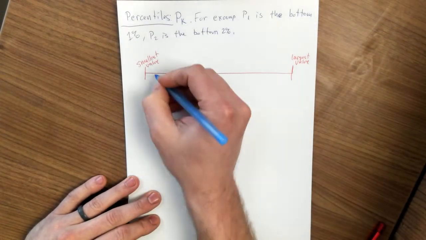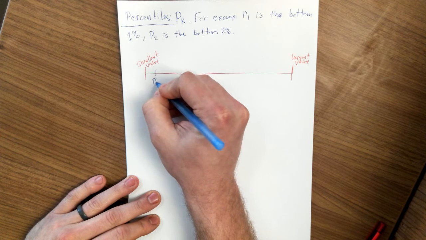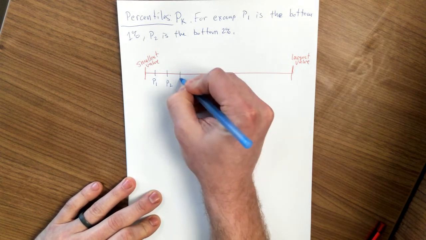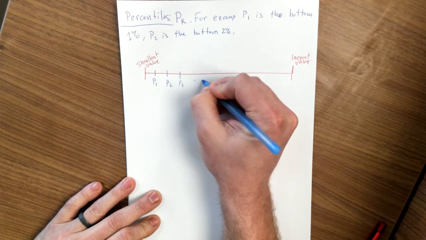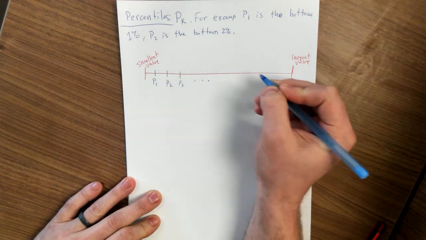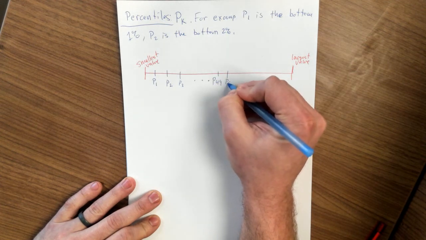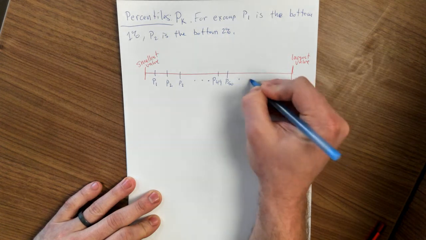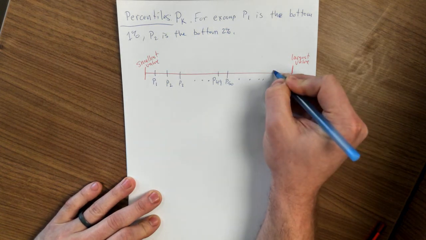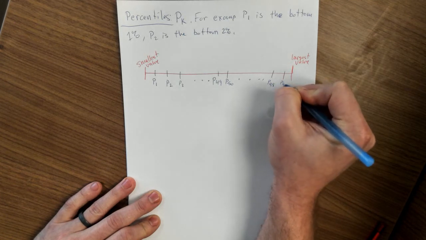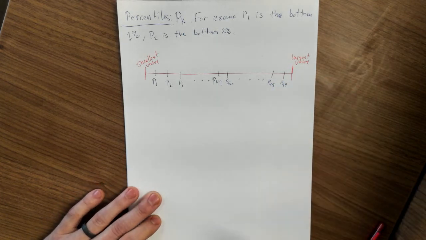So here we could say this is P1, and then P2 is here, P3, and then this trend just continues all the way up to P49, P50, and then it just keeps going all the way up to P98 and P99. So these represent our percentiles.